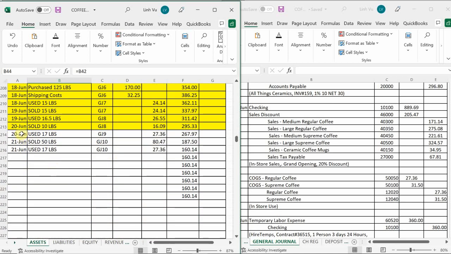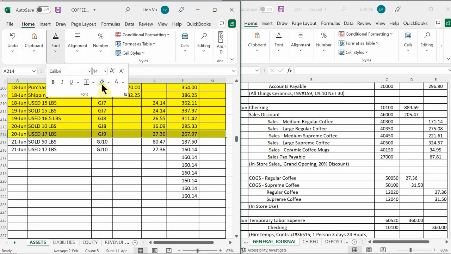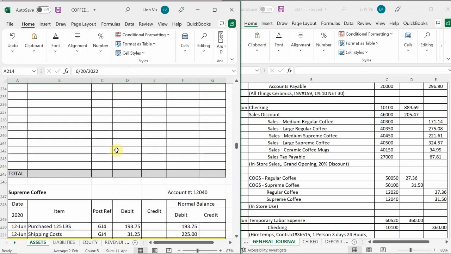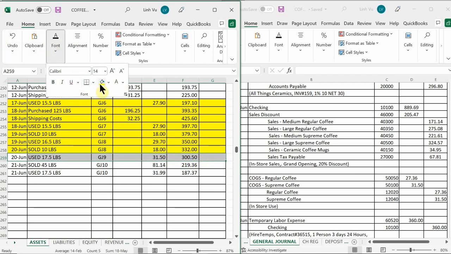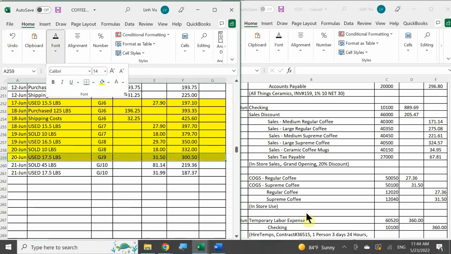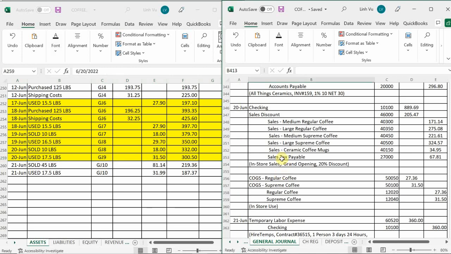Okay, so for the first one, regular coffee was $27.36. Okay. And then the Supreme coffee was $31.50. Okay. So then let's see what's next.